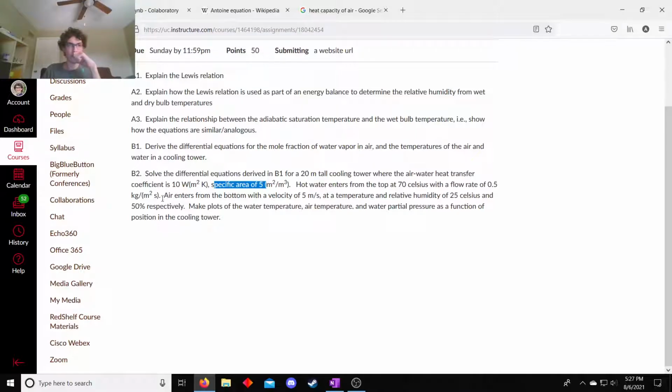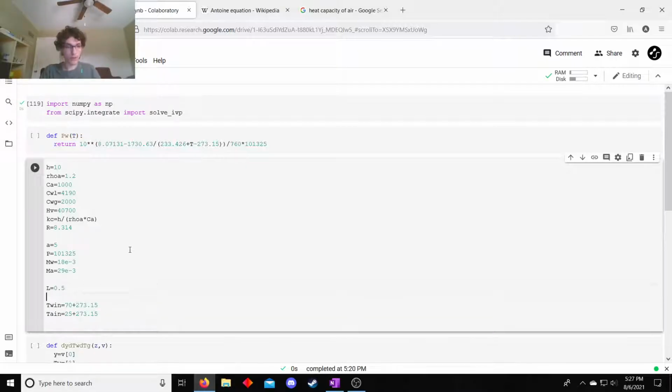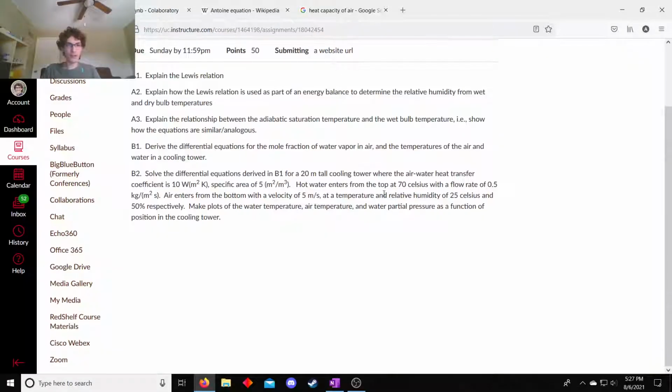We know how much water is going in. Hot water has a flow rate of 0.5 kilojoules per meter squared per second. So we'll put that in, and we'll call that L for the flow rate of the liquid water. But we need something about the air. Air enters from the bottom with a velocity of 5 meters per second.